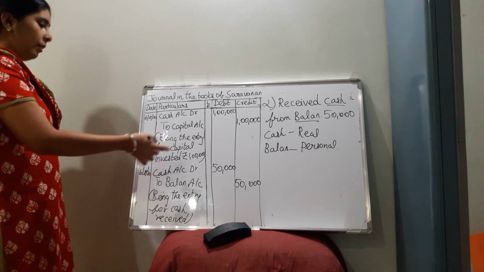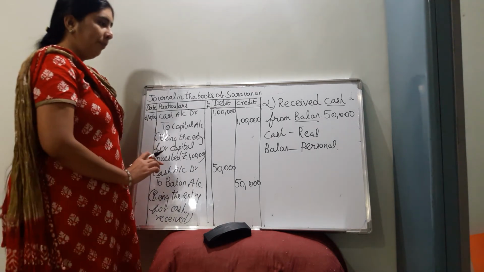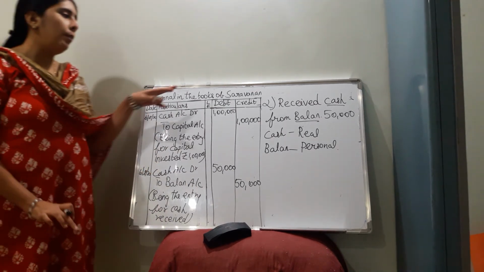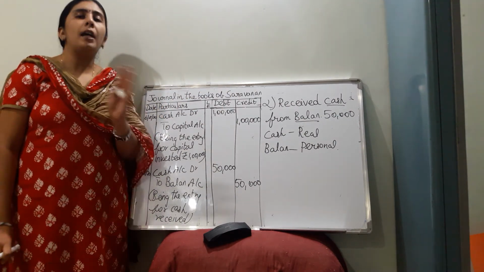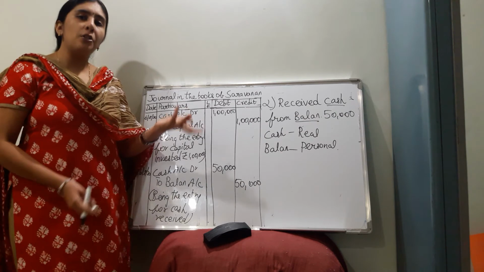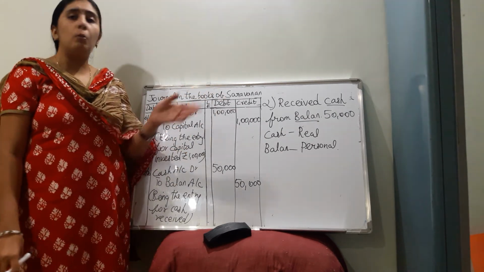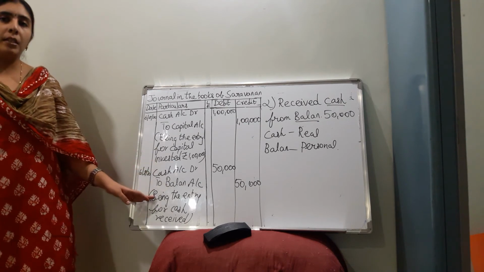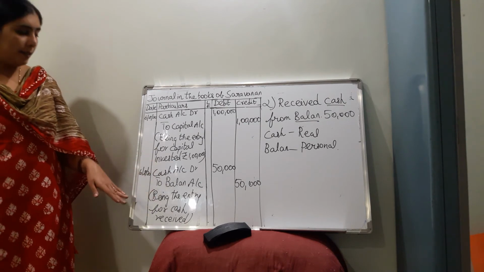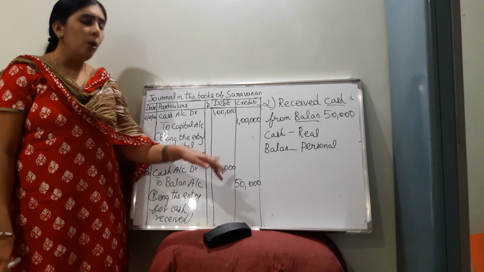Okay, if you want you can even mention the amount here. So everything is seen from the point of view of Saravanan's business. Saravanan is receiving cash from Balan. You need not mention Saravanan's name because it's already in the books of Saravanan only. Straight away we can deal with cash and whoever is giving it, because he is an outsider to the business. Hence cash account Dr. to Balan account.